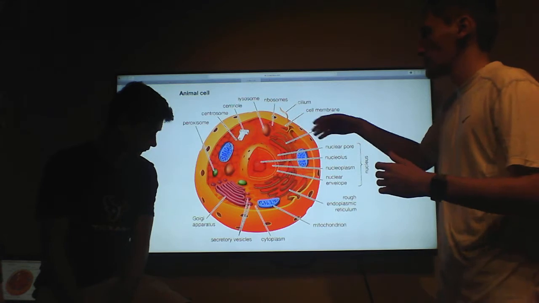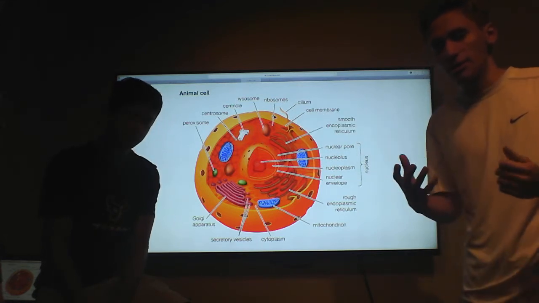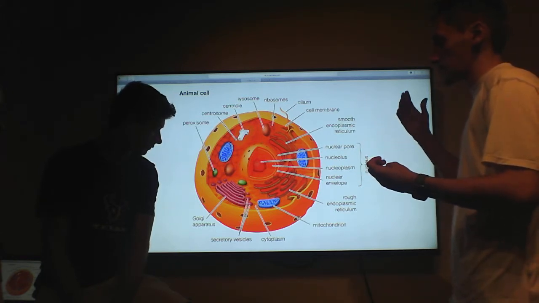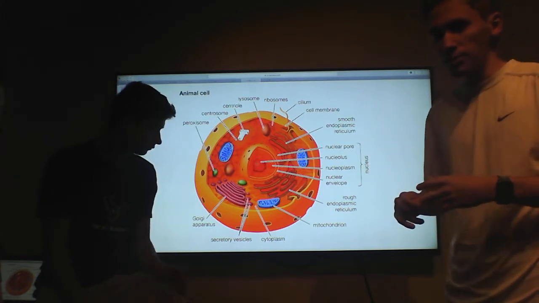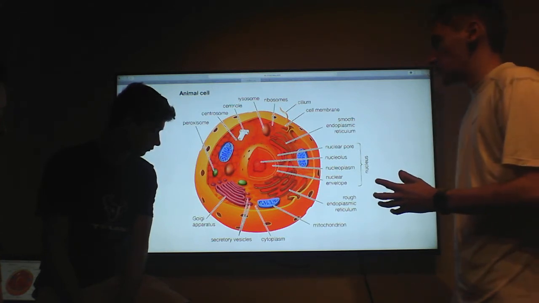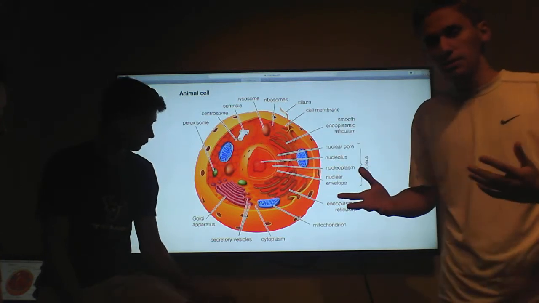So the lysosome is the trash can of the cell, and what they mean by that is dead or previously used organelles or materials within the cell will be sent to the lysosome to be digested.